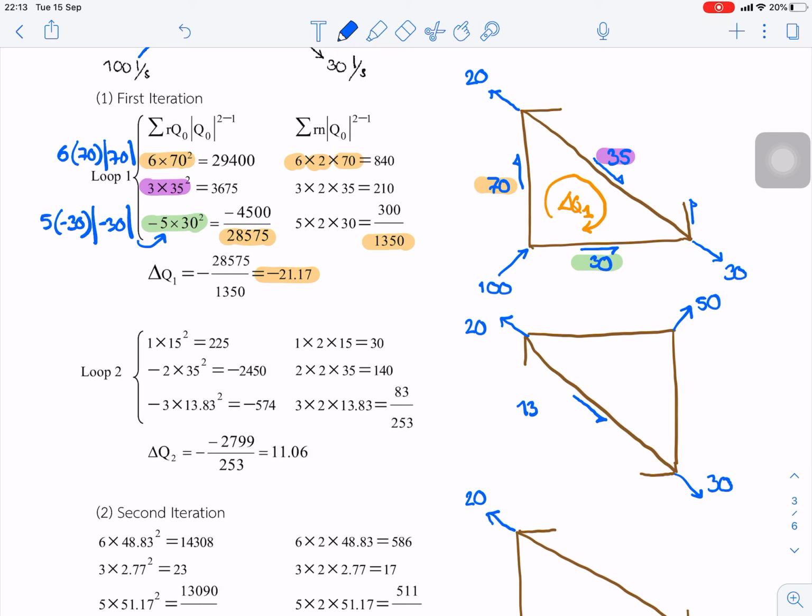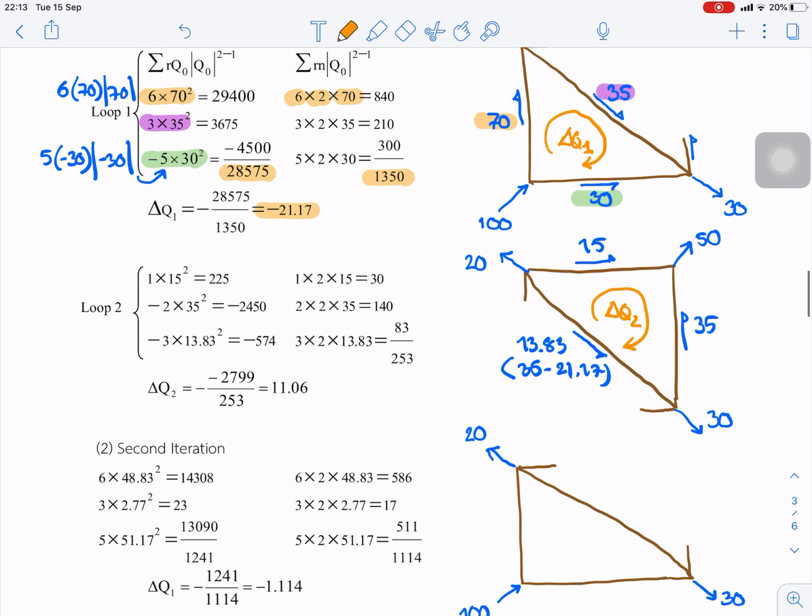We get that 35 subtract 21.17. Okay, this is 15 and this is 35. So we assume the clockwise direction is delta Q2.